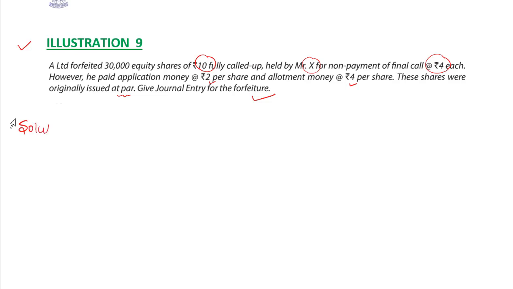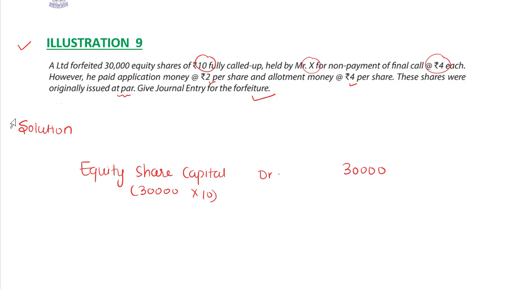Solution. Equity share capital account debit, 30,000 shares of 10 each, that is called up amount 3 lakhs, to equity share final call account on 30,000 shares.